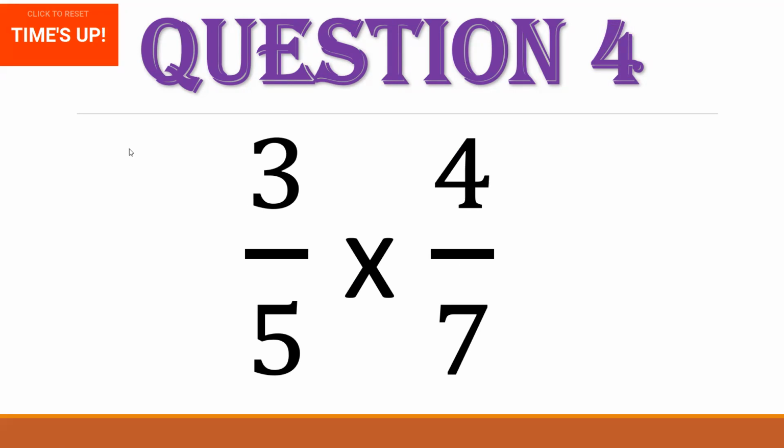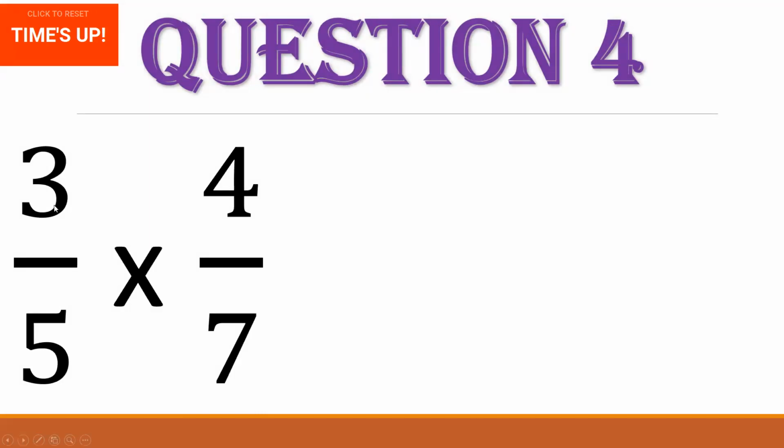Okay, so what we are going to do now, first of all, you just multiply both of them, 3 and 4, 5 and 7. So we don't need to make them equal now. We just multiply them straight.